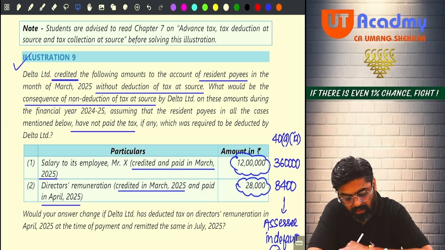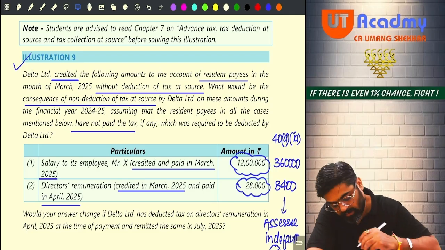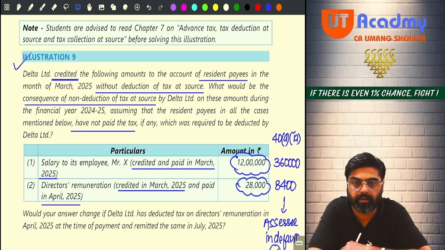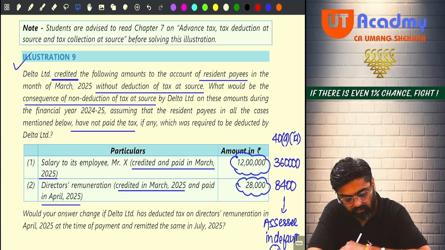In the month of March 2025, and this was given without deduction of tax. Meaning that on this also, no TDS was deducted. What would be the consequence of non-deduction of tax at source by Delta Limited on these amounts during the financial year 2024-25?